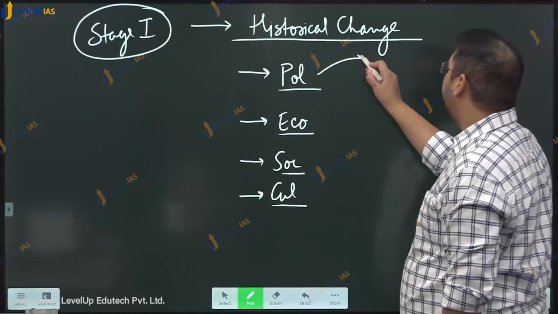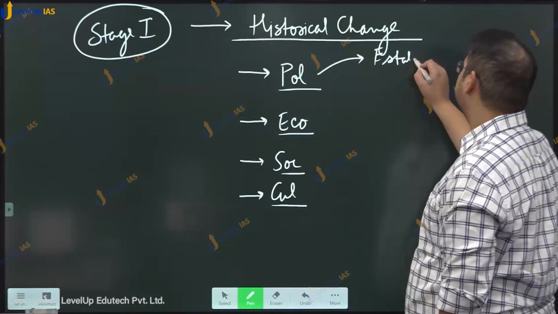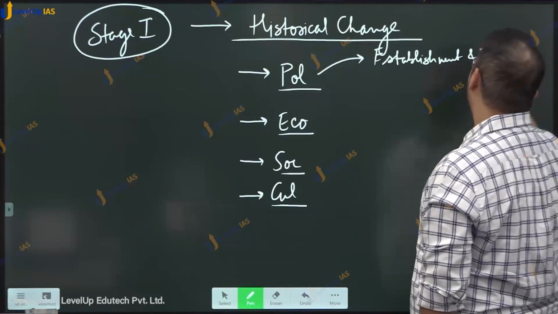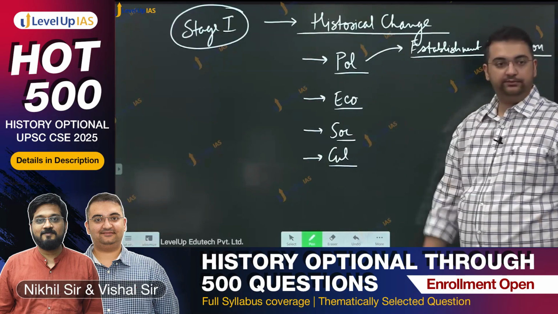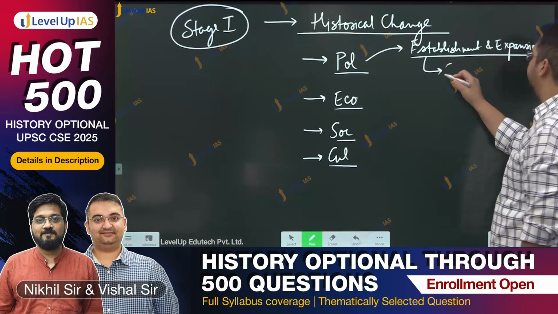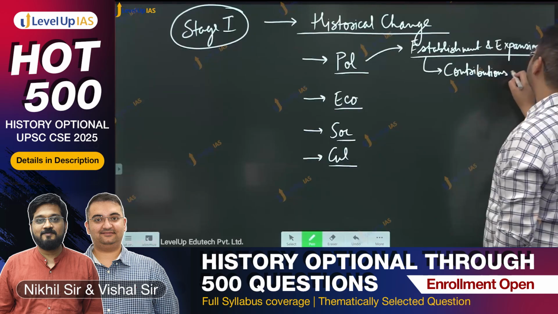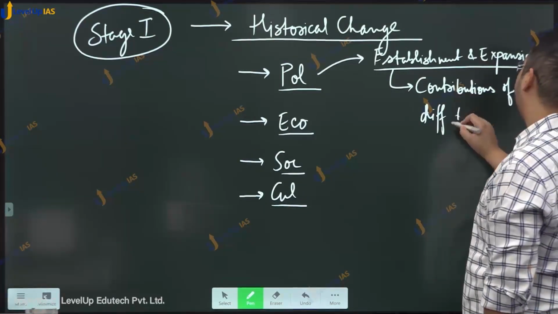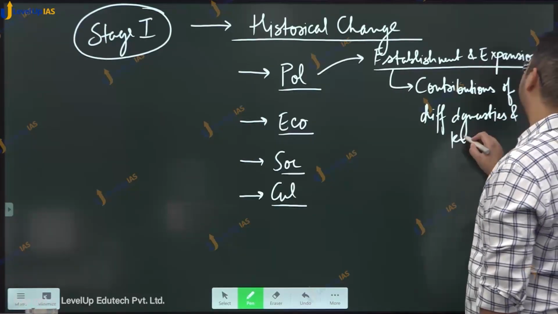Political change is going to include the establishment and expansion of political rule, within which we are going to underline the contributions of different dynasties and kings.